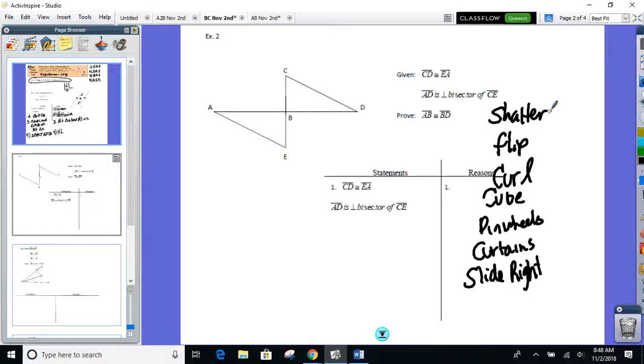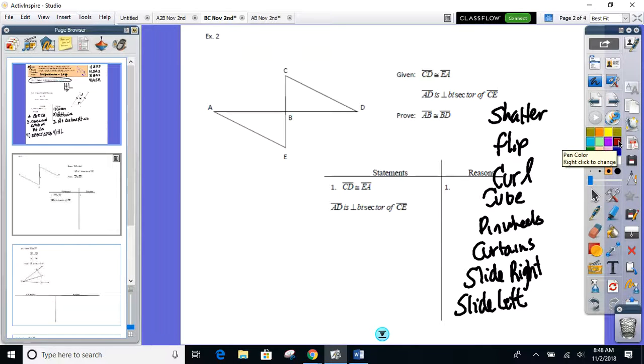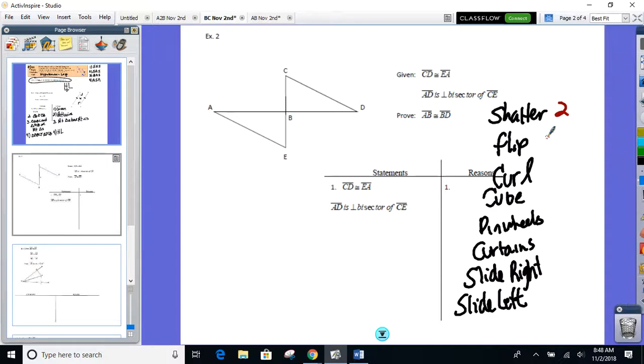Anything else here before we vote? Does it ever happen that they voted on the right thing? Seventh period did it earlier this year. Yep. That's already a given. Orion, why are you so sad now? Okay, shatter. 2 on shatter. Flip. 2 on flip.